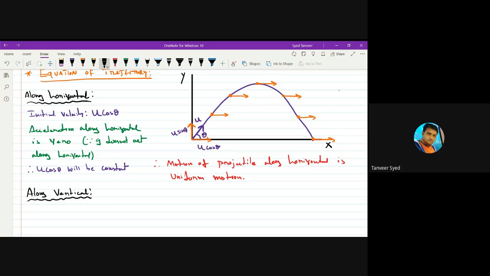Along vertical direction. Right. What is happening in vertical direction? What is the initial velocity in vertical direction? U sine theta is the initial velocity in vertical direction.